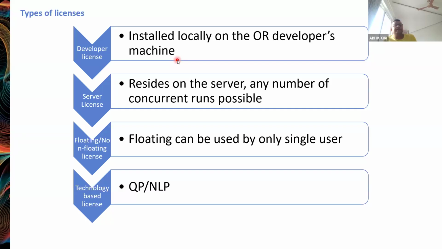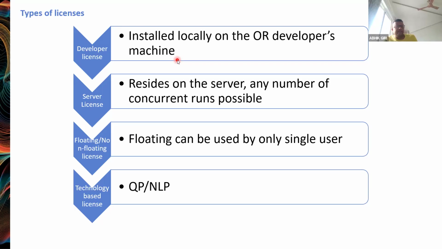This is typically cheaper than an enterprise license because it is specific to a particular user. The second type is the server license, which will reside on the server for all the computers of the enterprise, and there is no limit on the number of concurrent runs or the number of users who can use this simultaneously. And obviously this will be more expensive than the developer license.